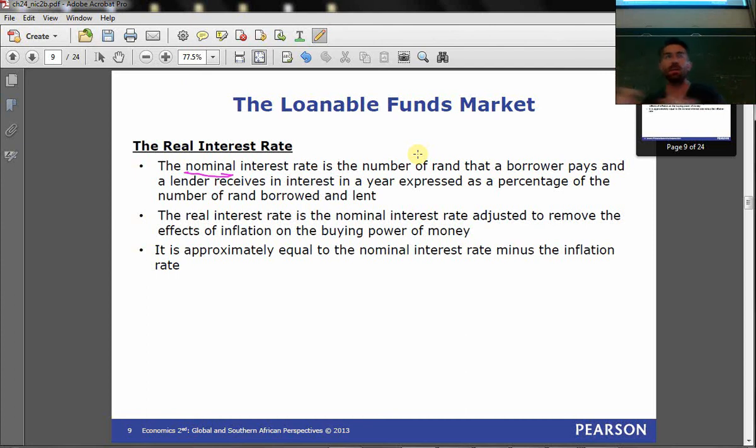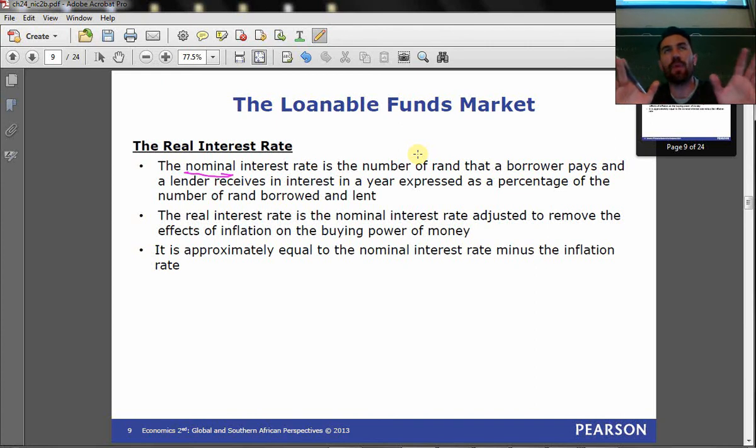So there's a nominal interest payment and a real interest payment. Now, because a nominal interest payment is different to a real interest payment, a nominal interest rate is also going to be different to the real interest rate.